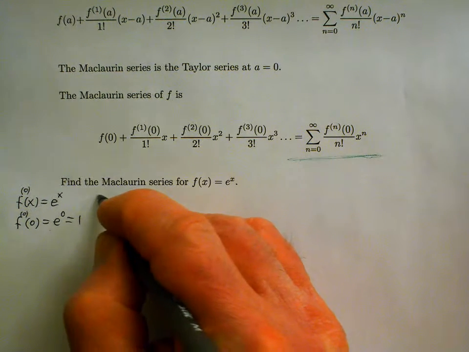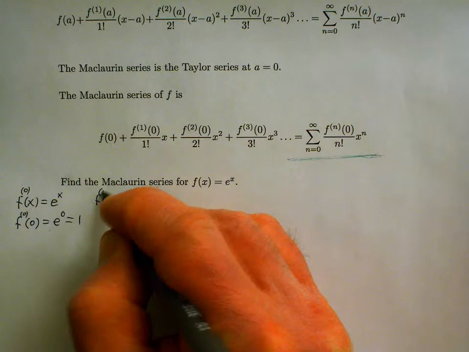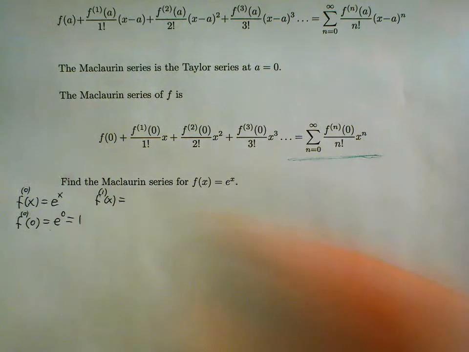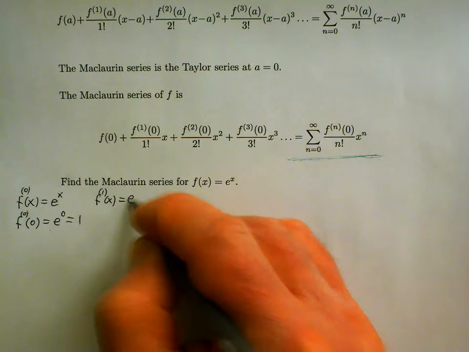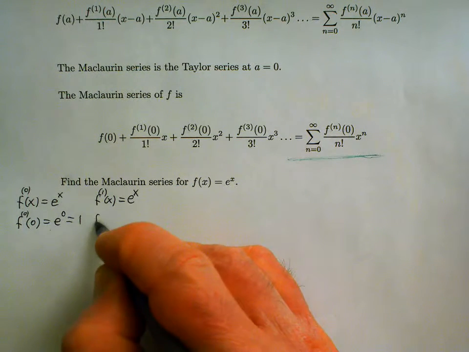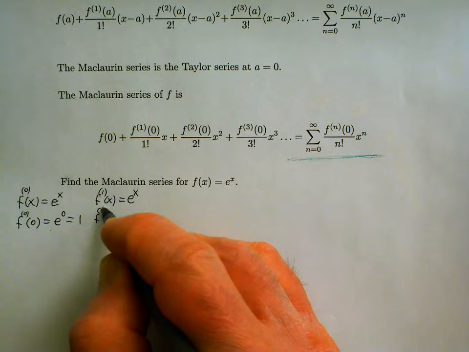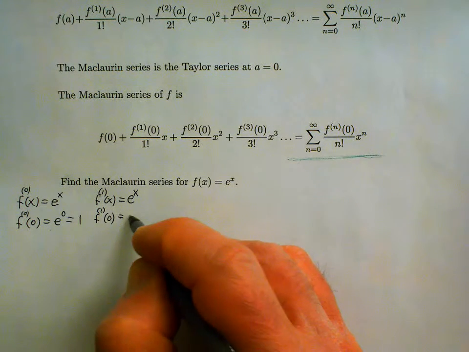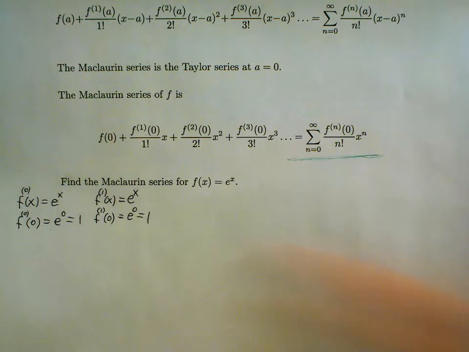Then the first derivative of f, the first derivative of e to the x, is also e to the x. And so if we evaluate the first derivative at x equals 0, we get e to the 0, or 1 again.